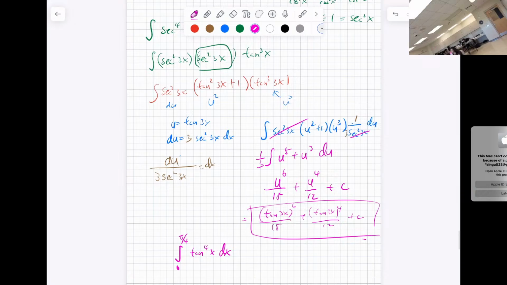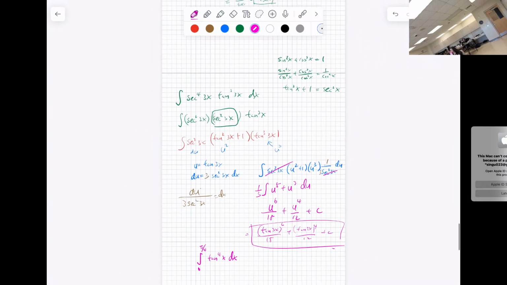Gotcha. You want me to take a picture of it?